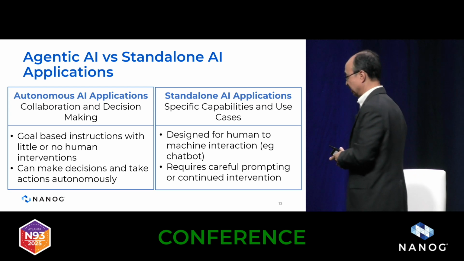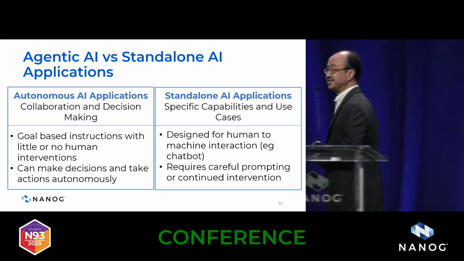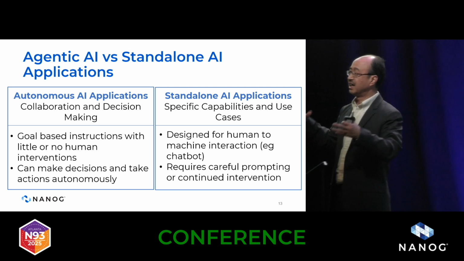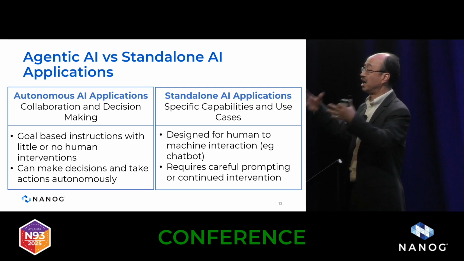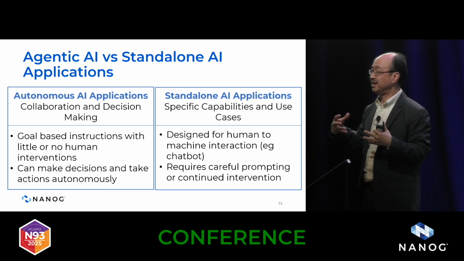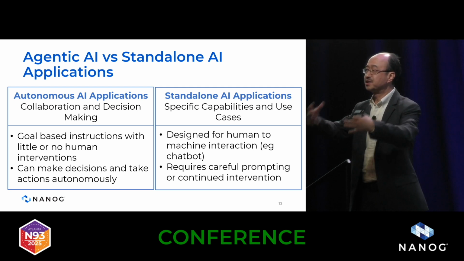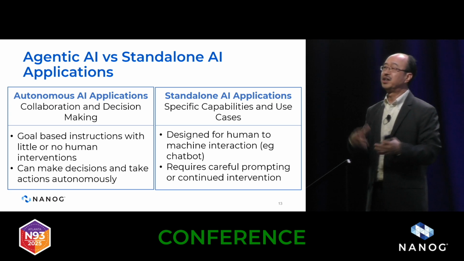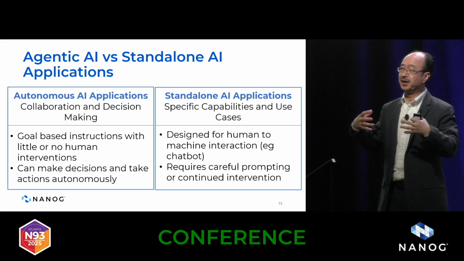And the key part is taking actions autonomously. What we really want is AI to take some actions on our behalf, right? Then we can outsource some of the actions to the AI agents that we don't have to do ourselves.